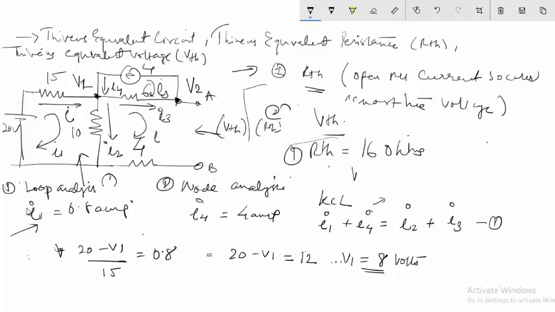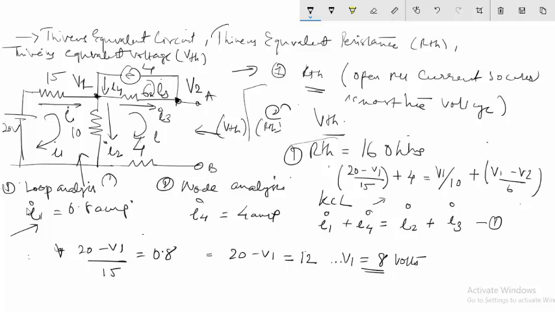So I1 is 20 minus V1 divided by 15, plus my I4, which is equal to 4, equal to my I2, which is V1 by 10, plus I3, and this is equal to my I1 anyway, which I already know. My I3 is equal to V1 minus V2 divided by 6.